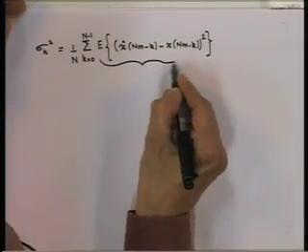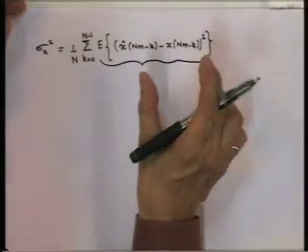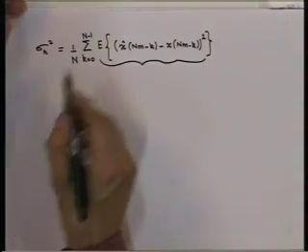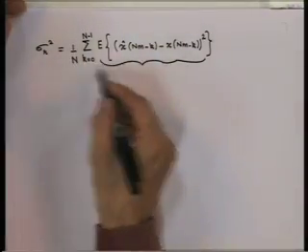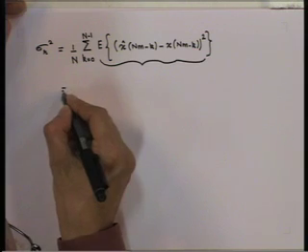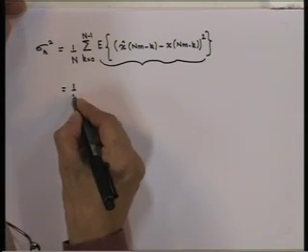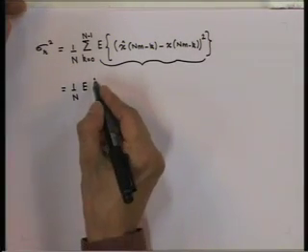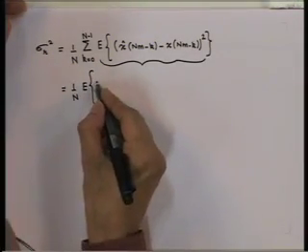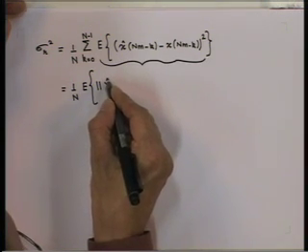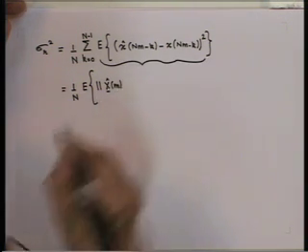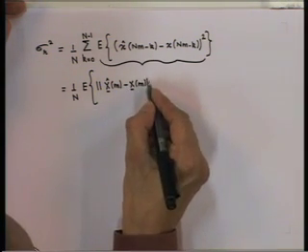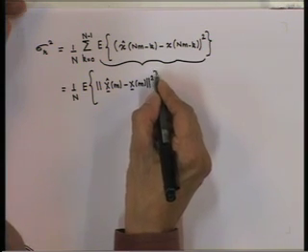This is the mean squared error for a particular component, and since there are n components, we get by definition this expression. Now, this can be simplified as 1 by n expectation of the Euclidean distance between the original vector and the reconstructed vector.